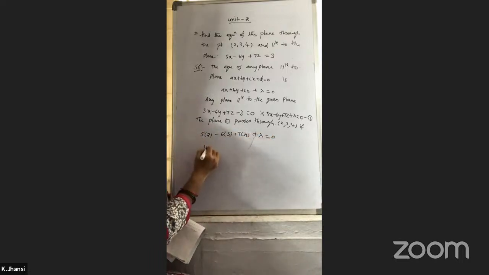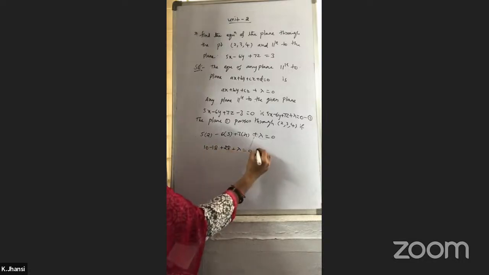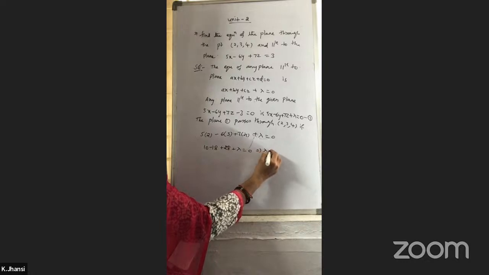Now 5 twos are 10, 6 threes are 18, 7 fours are 28, plus lambda equals 0. So minus 18 plus 28 gives plus 10, and 10 plus 10 is 20. This implies lambda is equal to minus 20.